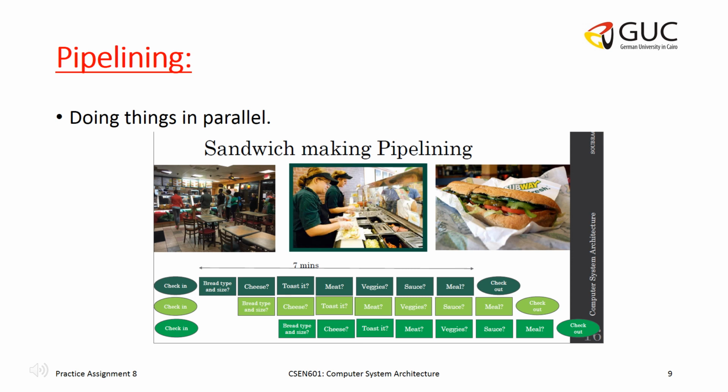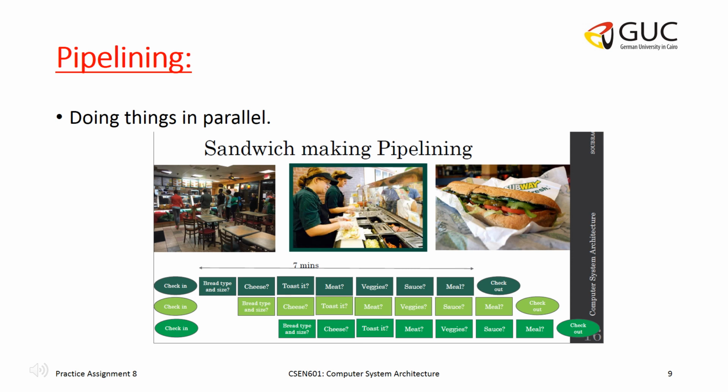So the first guy in the dark green will finish first. This is the normal, but the second person in light green, instead of waiting for this person to finish totally, will wait only one stage, so he will have only 1 minute delay more than the guy before him, not 7 or 10 minutes delay. Okay, so this is the concept we will have in our MIPS implementation.